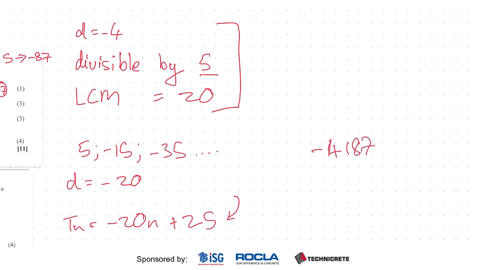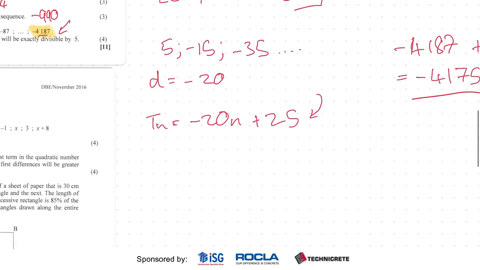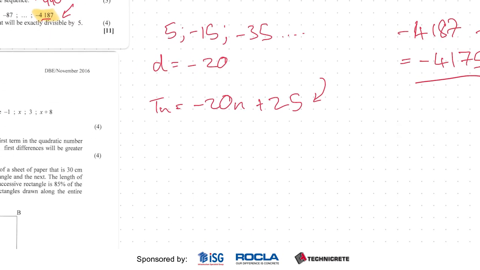And then for the last term divisible by 5, we can add 12 here, I think. So it'll be the third from last term. And we should get -4175. This should work. Then we can plug this number back in here to figure out what term that is.